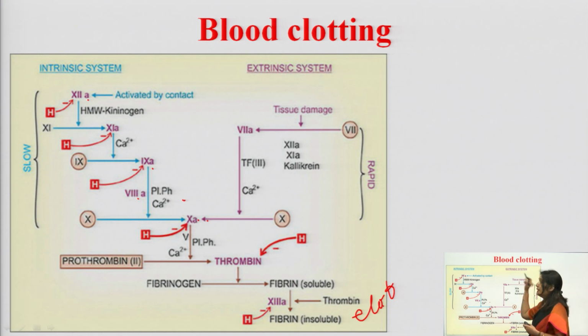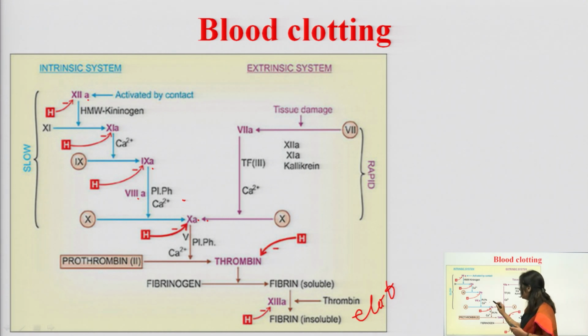The extrinsic pathway is the rapid pathway and the intrinsic is the slow one. In the extrinsic pathway, as soon as the damaged tissue comes in contact with factor 7, factor 7 gets activated. Factor 7, in the presence of tissue factor and calcium, will convert factor 10 into factor 10A.